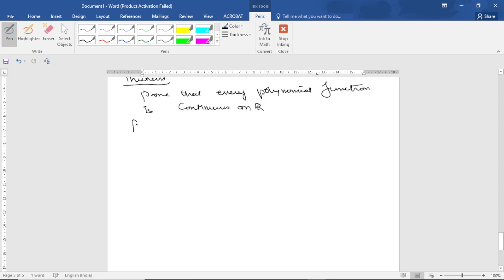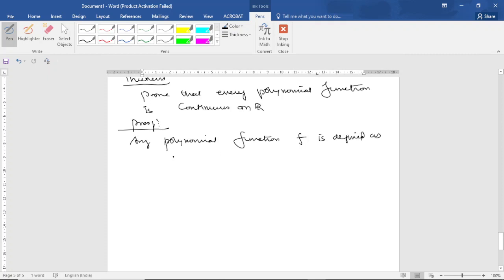How to prove this? Any polynomial function f is defined as follows.